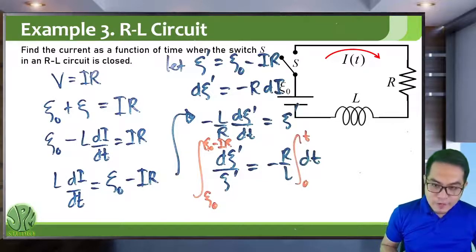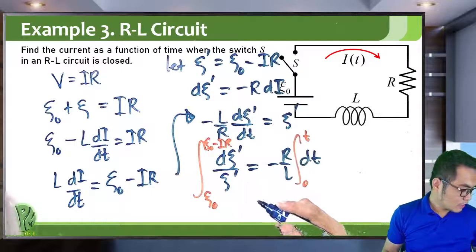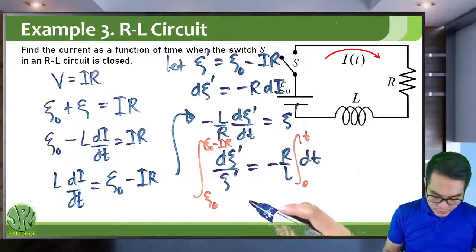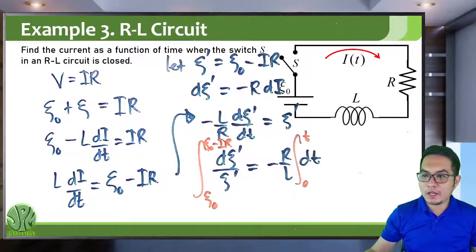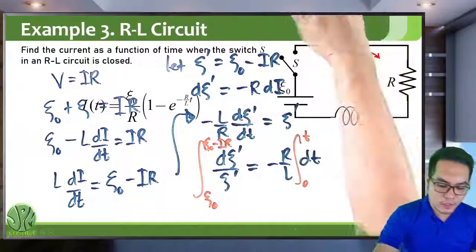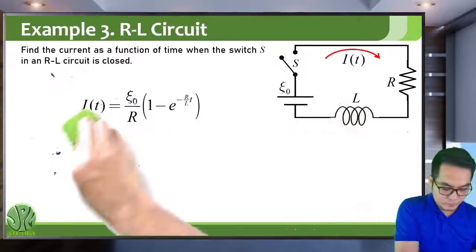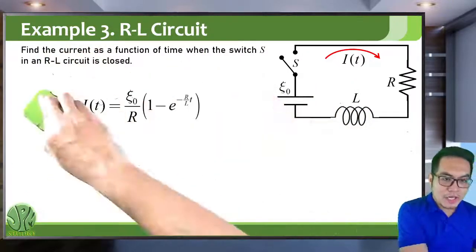So you simplify all of that, and you can solve for I, and you will get I equal to this value. I will just let you continue this one. This is just a very easy integral. So I here is this one.